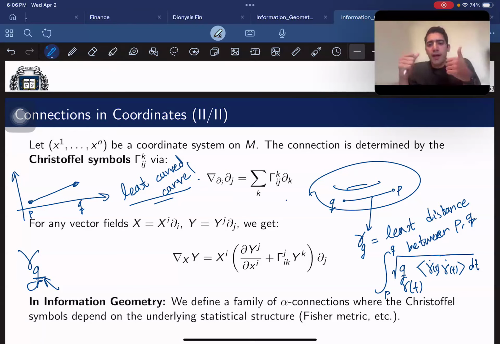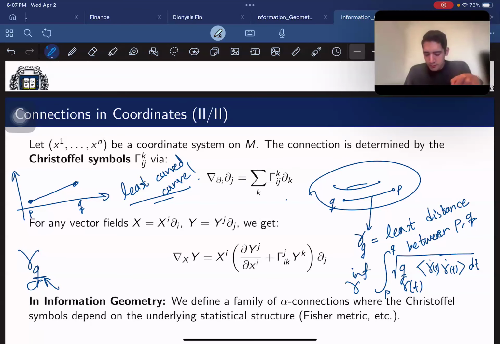Consider them first as the least distance curve between 2 points, or second, as the least curved curve between the 2 points. We already discussed the geodesics with respect to the Riemannian metric, which is given by this. But here, we're going to see how we can define curvature and what the geodesics are with respect to those curvatures.